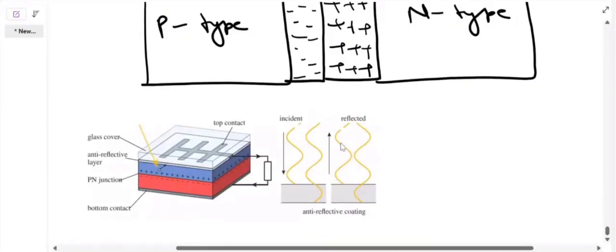Now, as the light is incident on the N type of the semiconductor, it causes more free electrons, and that gives the photovoltaic effect. Are you getting it? Yes, ma'am.